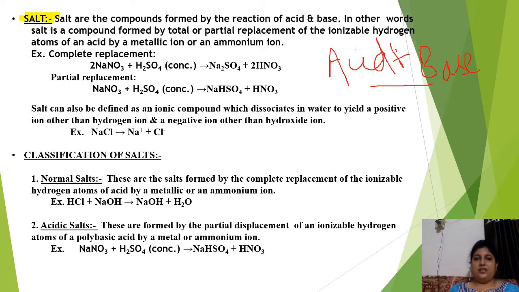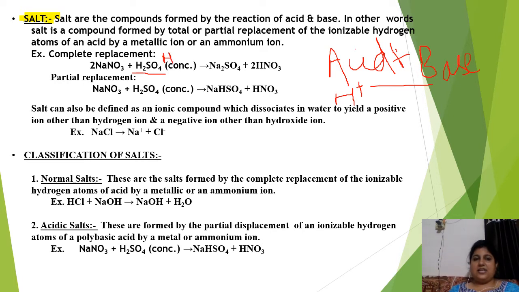Moreover, we can also say that salt forms when the hydrogen ion of an acid is replaced by any other metallic ion or ammonium ion. For example, in this reaction H2SO4 is an acid.